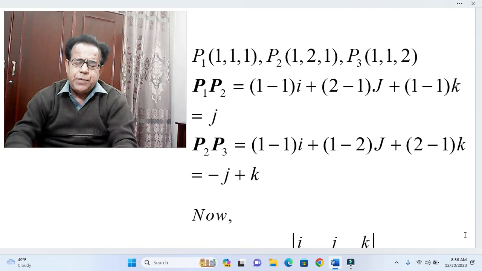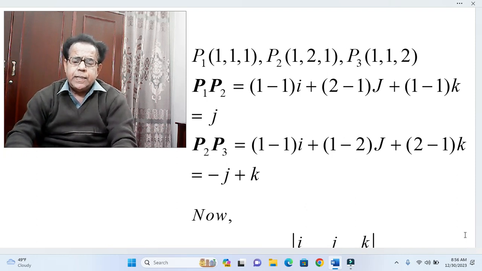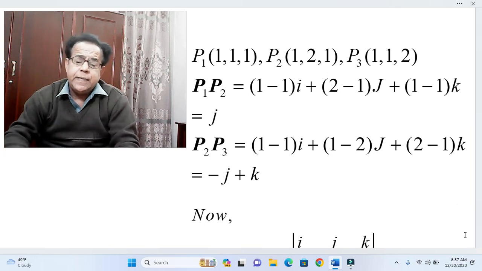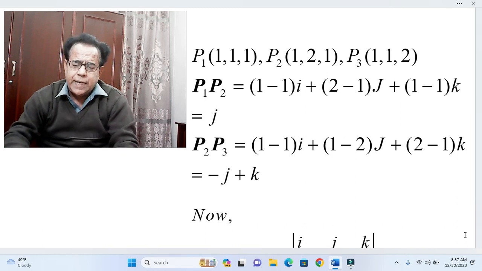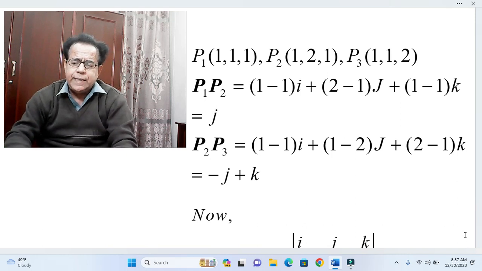When we find the vector P2P3, the x component of P2 will be subtracted from the x component of P3, similarly for y and z, and along with these we will write i, j and k.